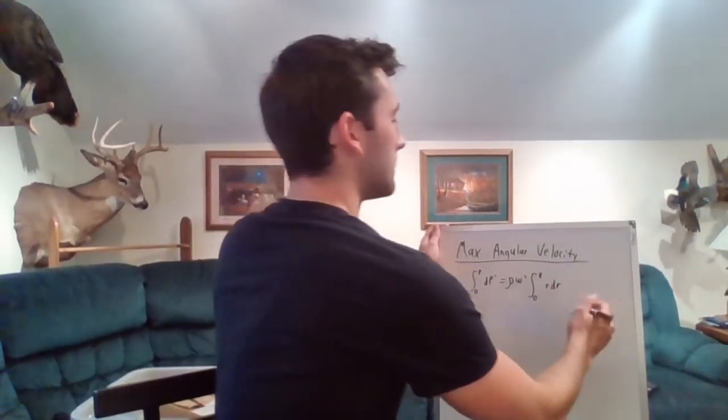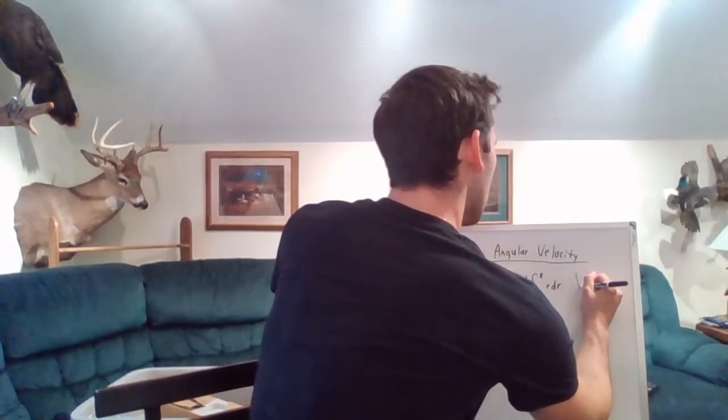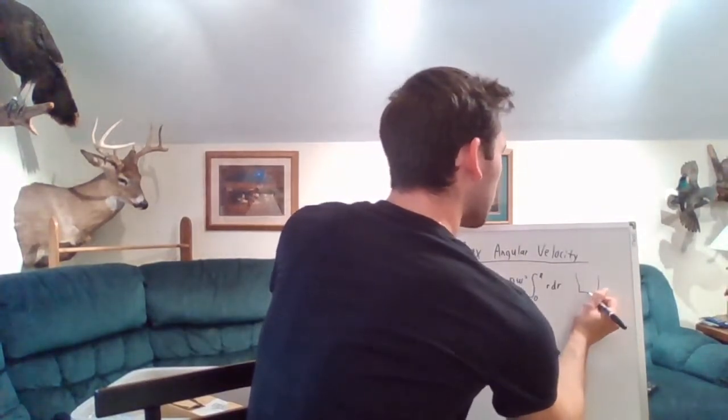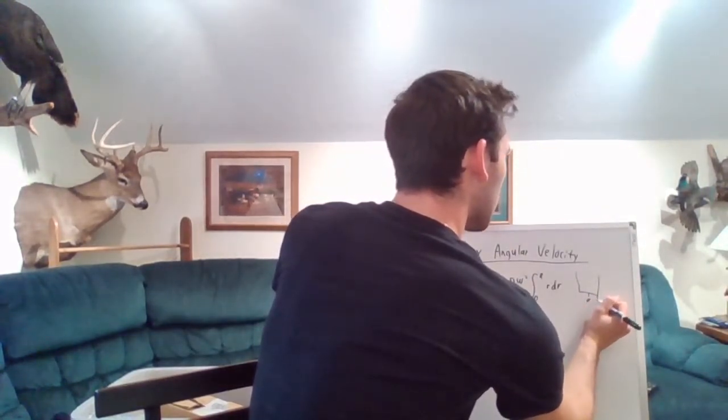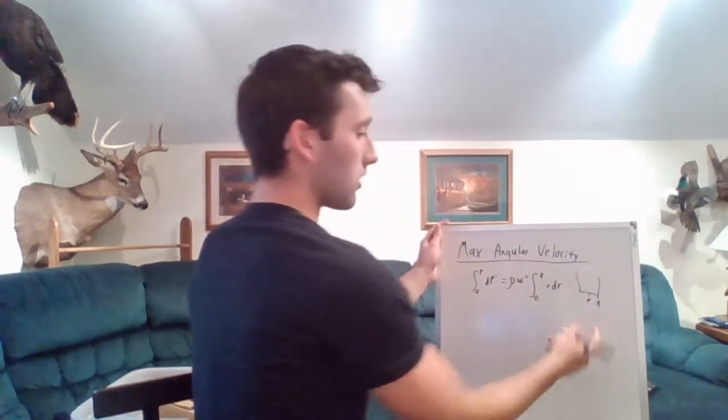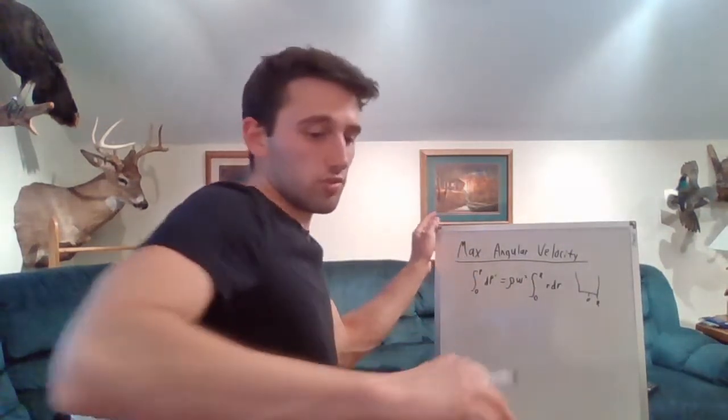What this is pretty much saying is we have our cup of liquid, this is r, and that's big R, so it's just the outermost radius.